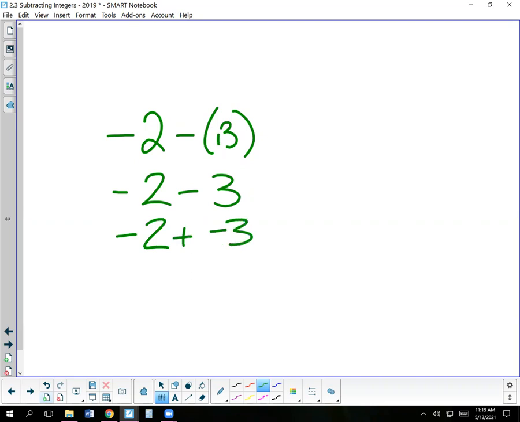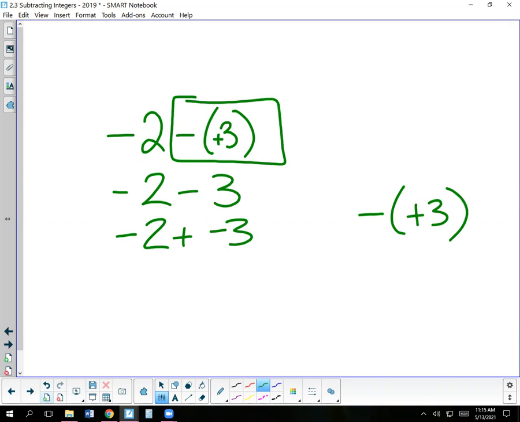Here's why it works. A negative times a positive is a negative. So if I look at it like this, I have a negative, positive 3. That means take the opposite of 3, which is negative 3. That's what that means, because when you multiply a negative times a positive, you get a negative.